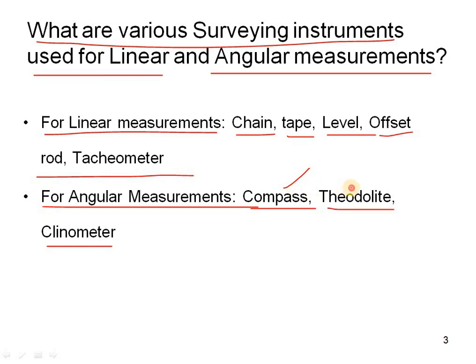And the theodolite is used for measuring heights and distances, horizontal and vertical angles. The theodolite is generally used in long distance surveys. This will come in your next semester, the third semester. The clinometer is where you are now. It is used to measure heights and different angles also.